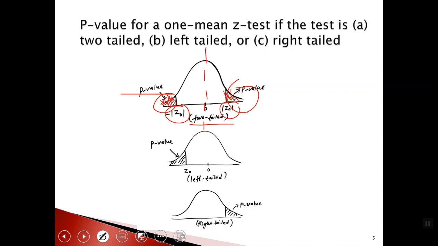When you consider a left-tailed test, p-value means this colored area on the left hand side, the probability or percentage from the left to this C naught value. And also for a right-tailed curve, from this point to the right hand side, the percentage we denote by p-value. These p-values you can find in your C table.